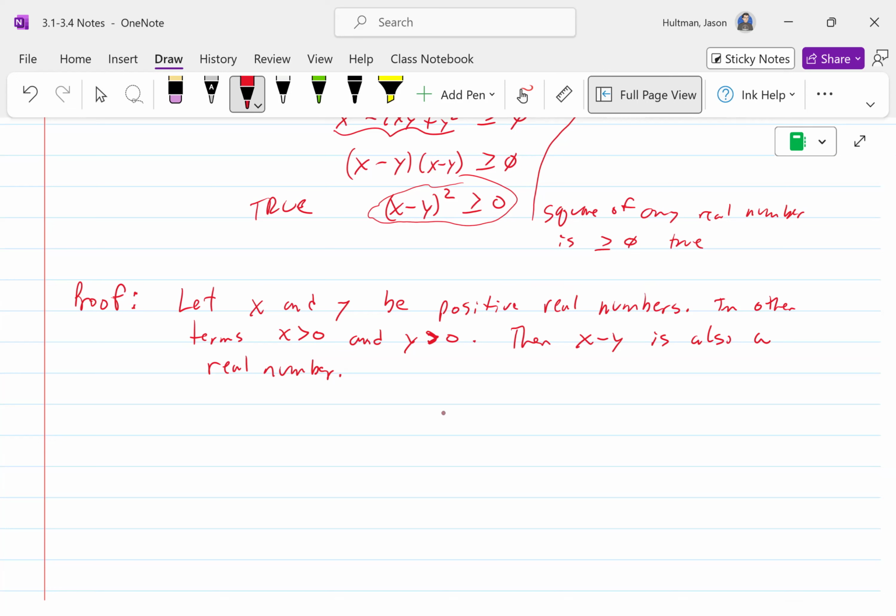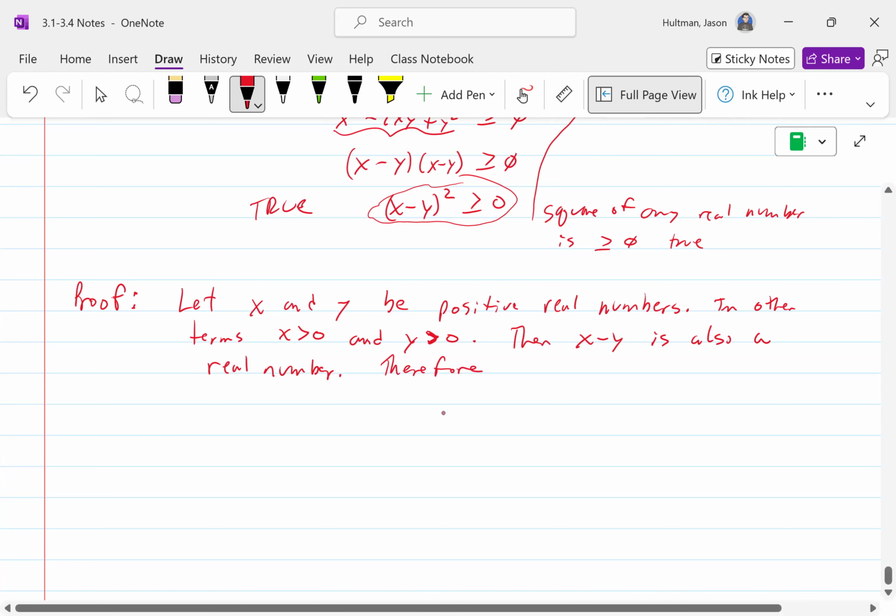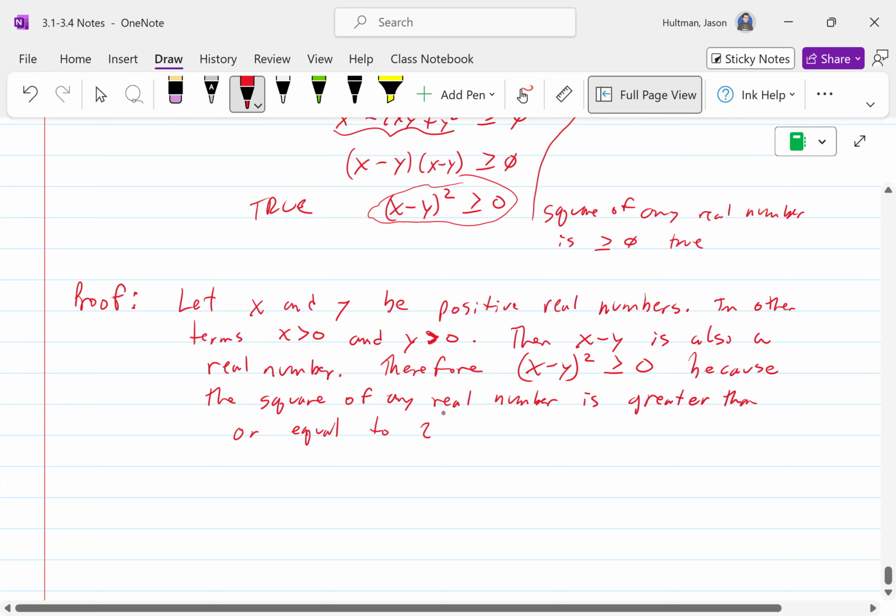Therefore, x minus y squared is greater than or equal to 0 because the square of any real number is greater than or equal to 0.